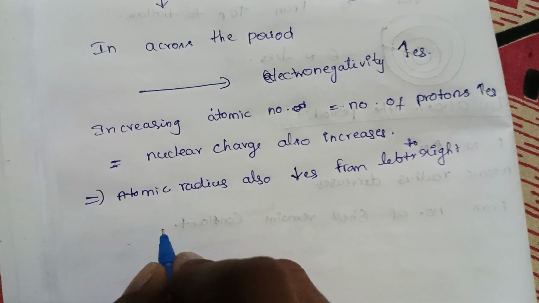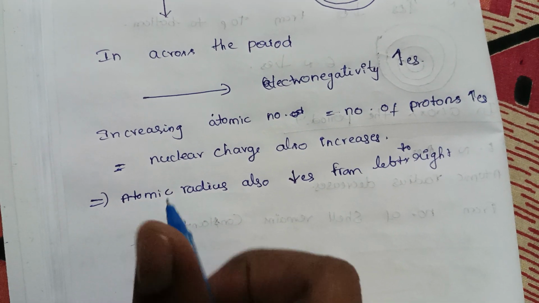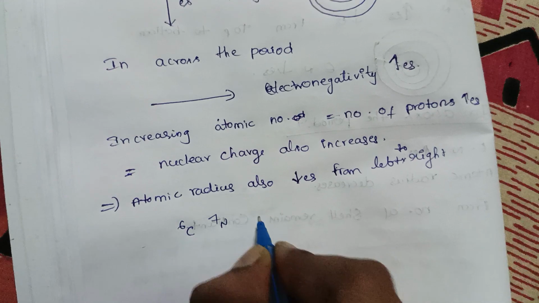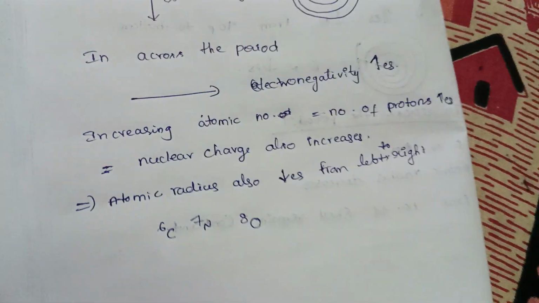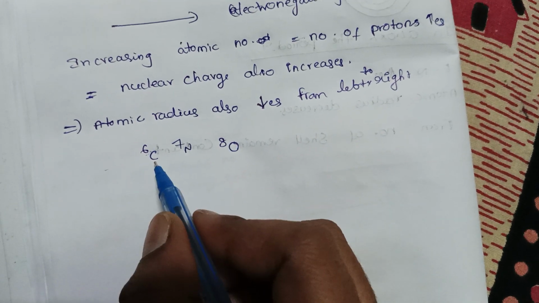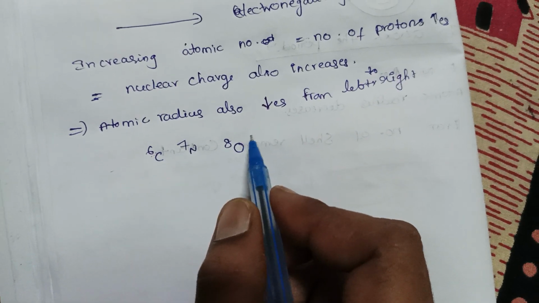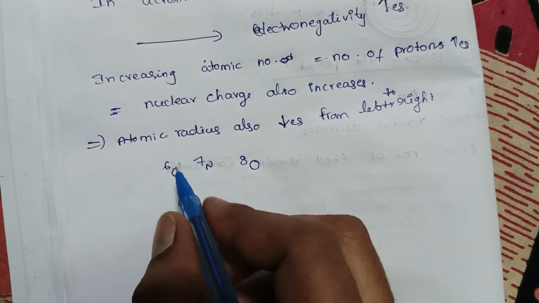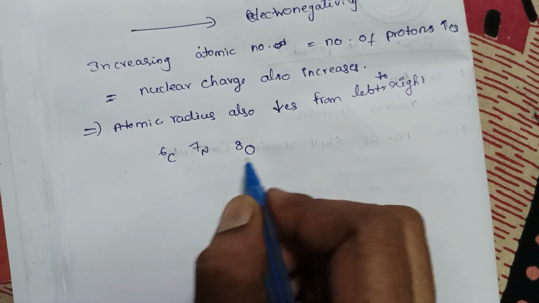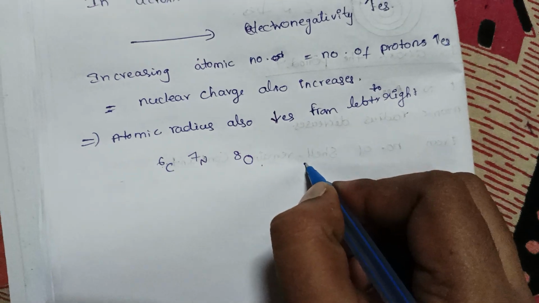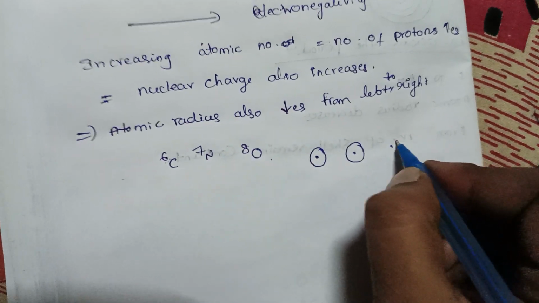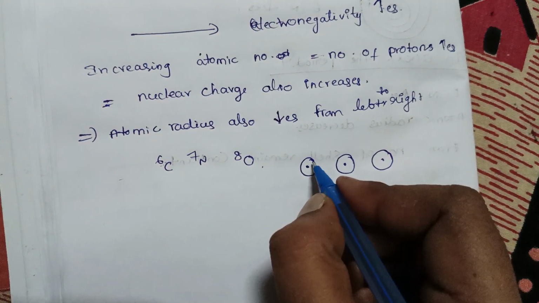Suppose we take carbon, nitrogen, oxygen. Here the atomic number increases and the number of protons increases, but the outermost electrons enter the same shell, as we already discussed in the earlier video.